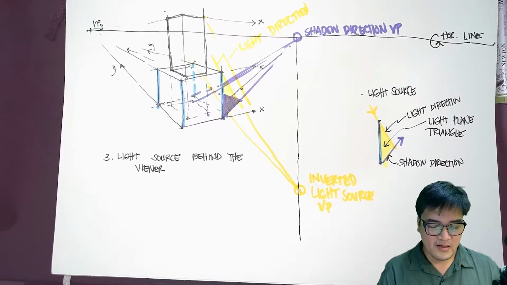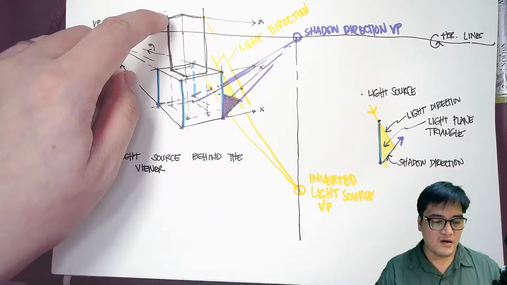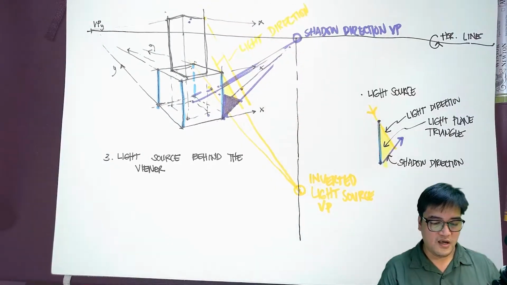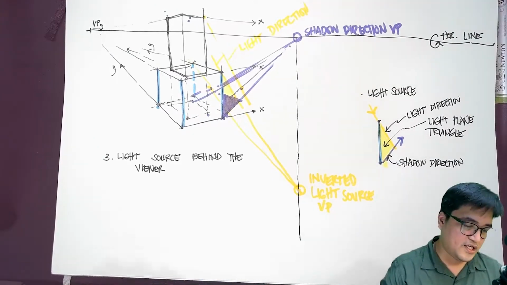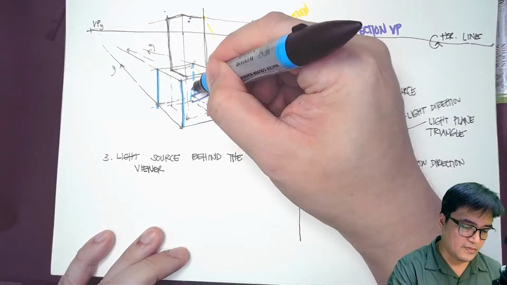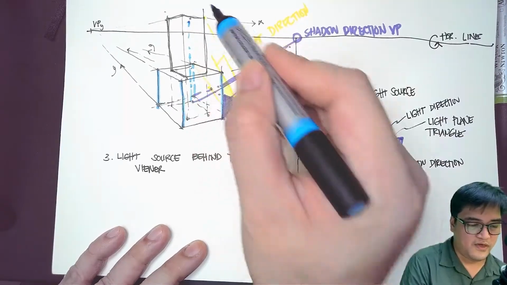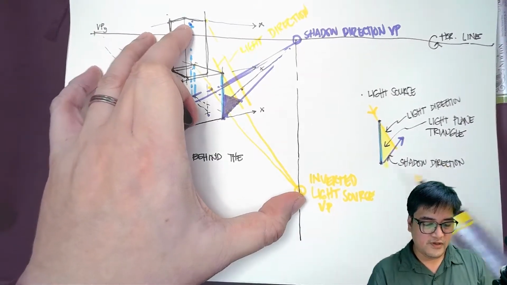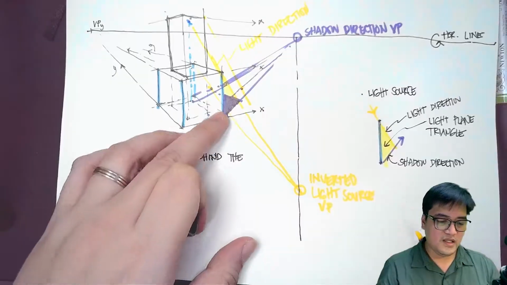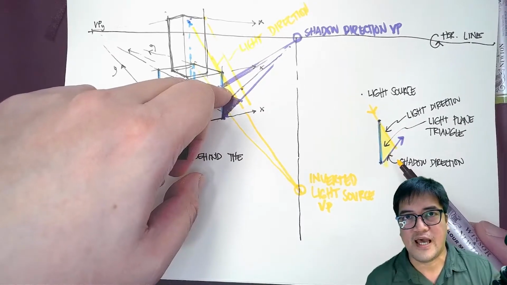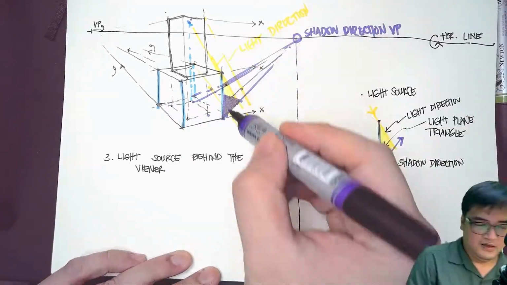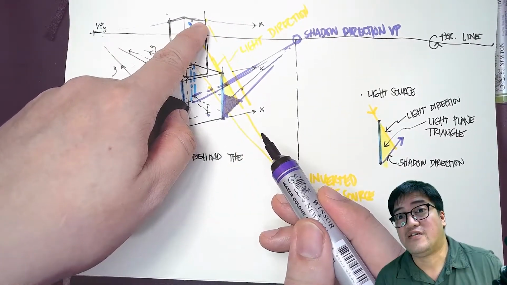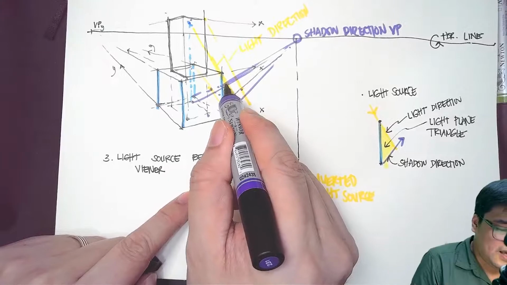In the same way, you can plot the point for this edge here. So the vertical edge for this volume goes until somewhere there. Then I can plot the inverted light source line so that when it hits the shadow direction line, it gives me that point. And therefore, you can plot the shadow cast for that edge behind this volume, which is here.